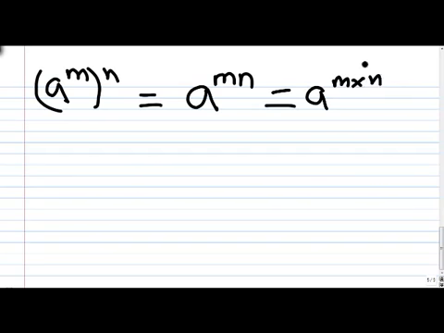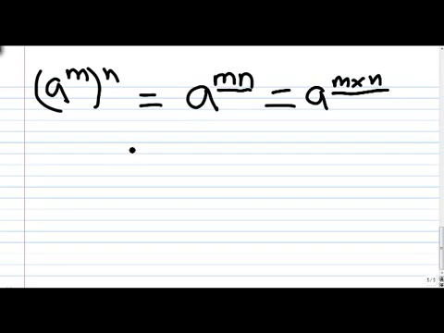You can just multiply it. You can essentially just multiply m and n to get m times n. It means the same thing, it's actually understood.